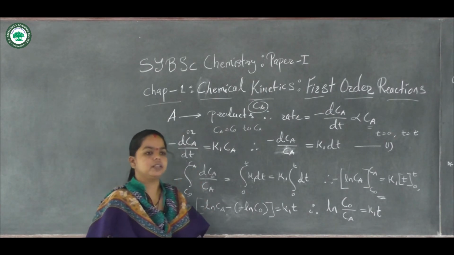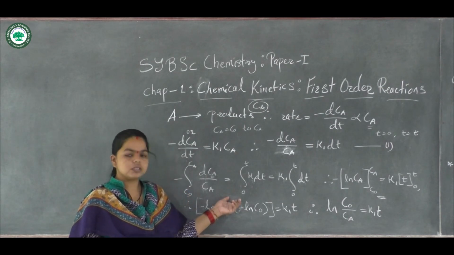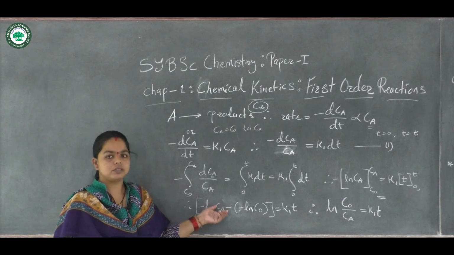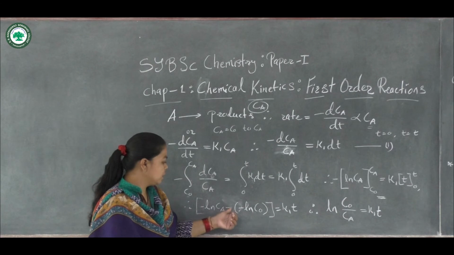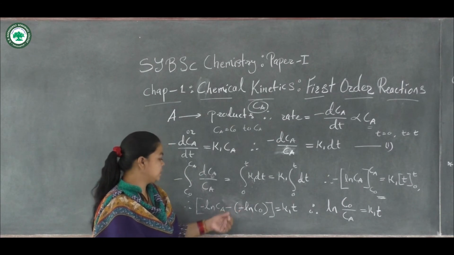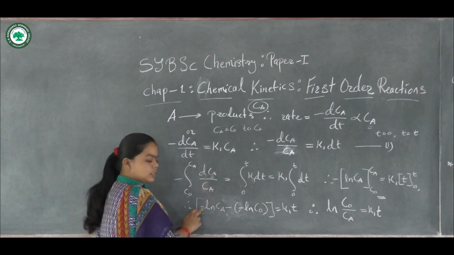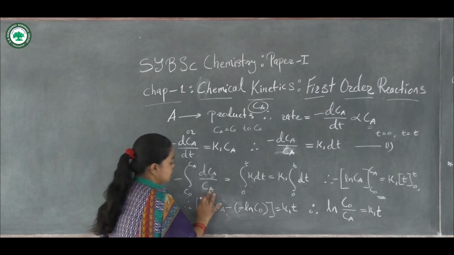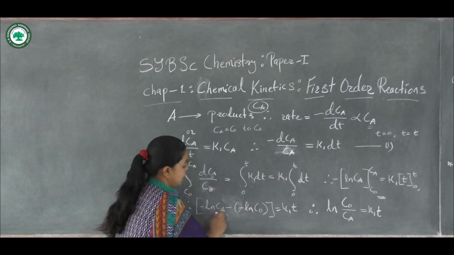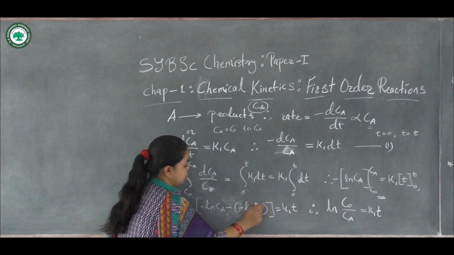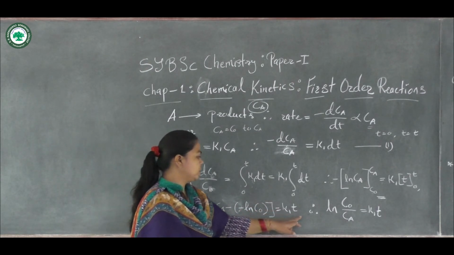In the integration, we have to subtract the lower concentration from the final concentration. So minus ln Ca minus minus ln C0, because it is divided by Ca. So this is ln Ca minus ln C0, and we are getting the minus sign equals k1t.